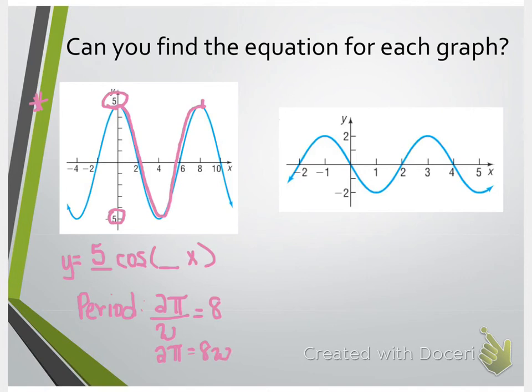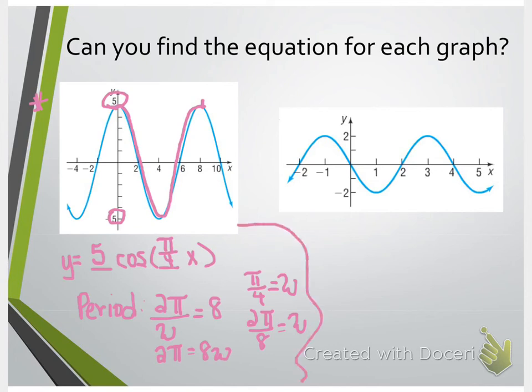Divide both sides by 8. I'm running out of space. We get 2 pi over 8 is omega. So what is that? Pi over 4 is omega. Sorry that I'm going up and down. So right here, we need a pi over 4.